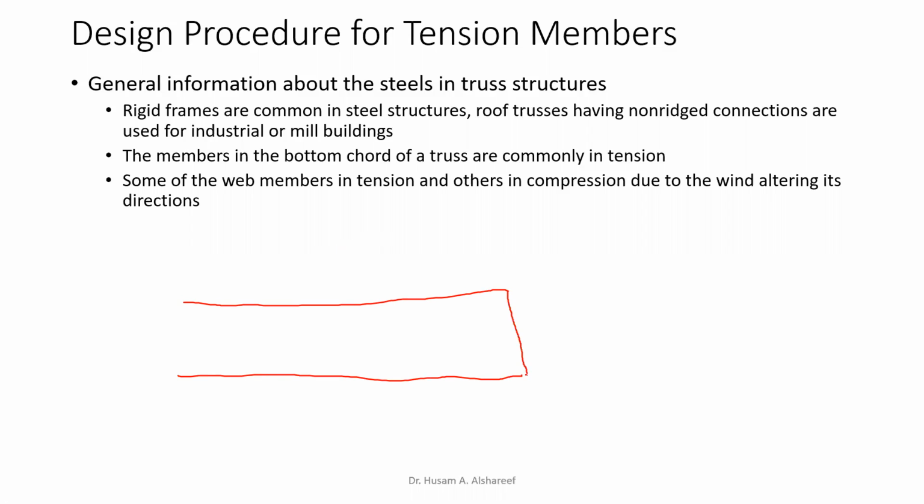I apologize if the drawing is imperfect. Let's say we have a truss that looks like this, with vertical elements, as you can see. Let's assume that our loads are acting downward on the truss elements.